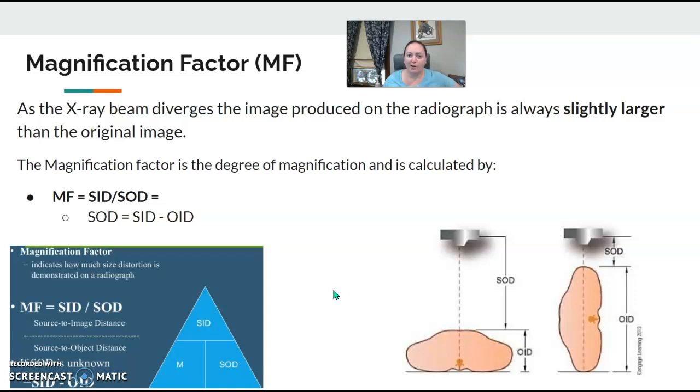Because of our body and the way it's built, all of your internal organs are on the inside, right? So no matter what, you're going to have a little bit of OID because of the soft tissue. So the image itself is always going to be slightly larger than the original. If you had to calculate this out, the magnification factor is SID divided by SOD. And we know to get SOD, you simply subtract the OID from the SID.